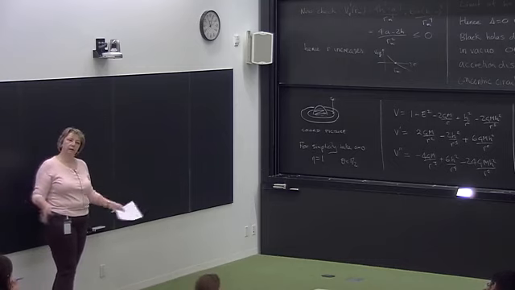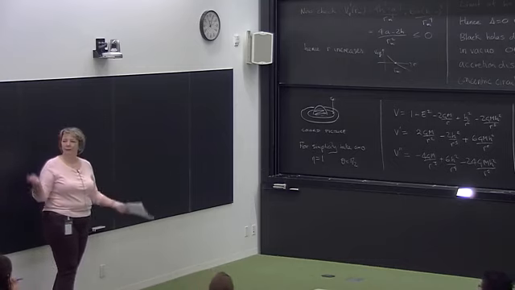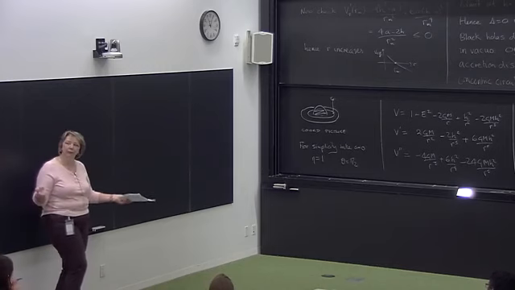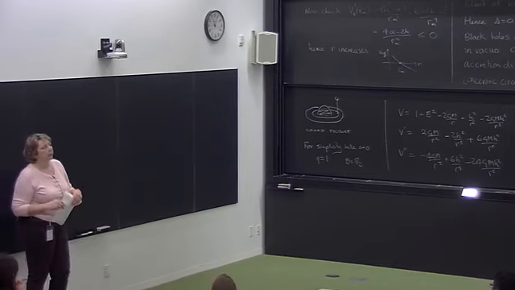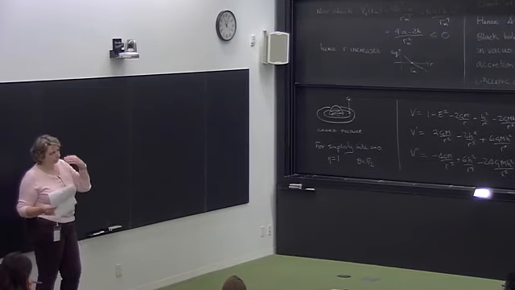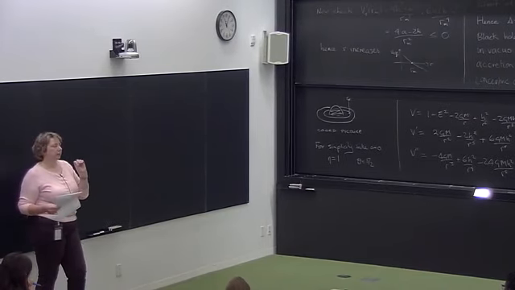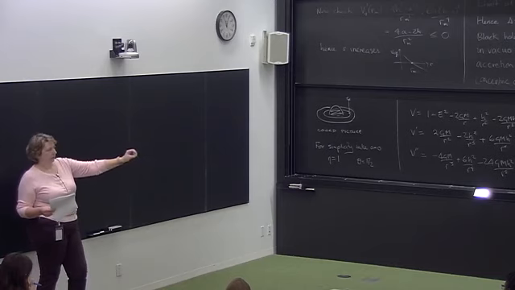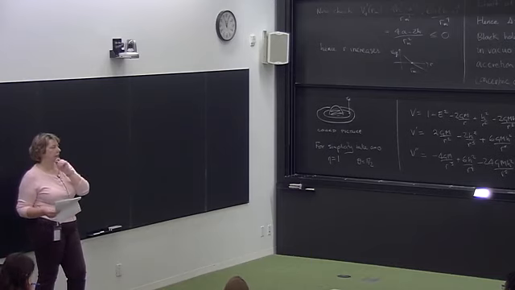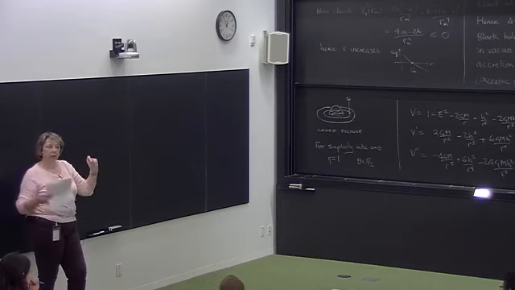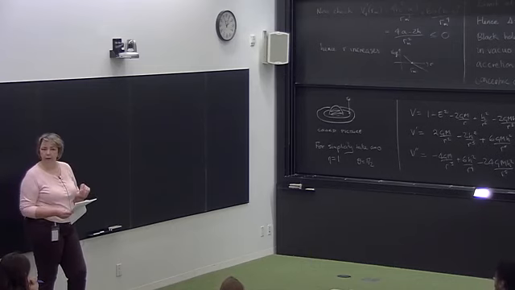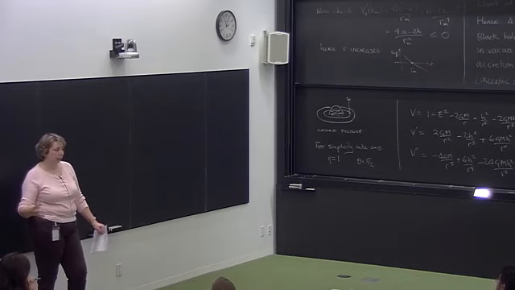So that kind of works if you do this. But there was no reason to assign a specific constant of proportionality for entropy to area. It wasn't until Stephen Hawking actually did a computation, looking at field theory on a black hole background and comparing an in vacuum to an out vacuum, and seeing that they weren't the same.